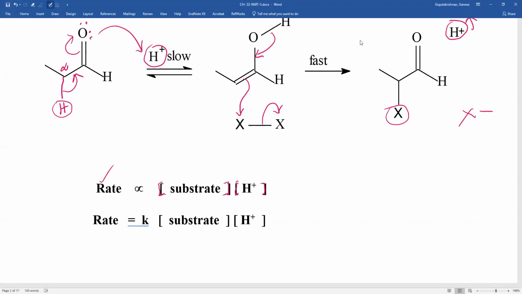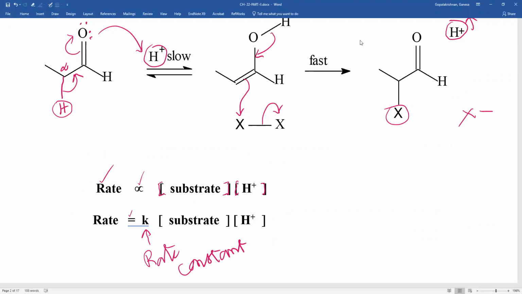If you want to convert this proportionality into equality, you have to use a proportionality constant K. Then the rate is equal to K times substrate concentration times the acid concentration. The K is practically a proportionality constant, but we call it a rate constant since we are using this rate equation.